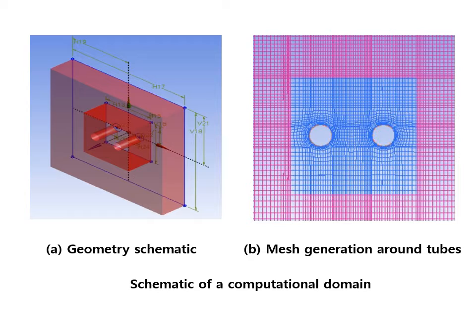This is the grid system. As you see in this picture, around the cylinder we have a very condensed computational grid, and far away from this pipe system we have a coarse grid.